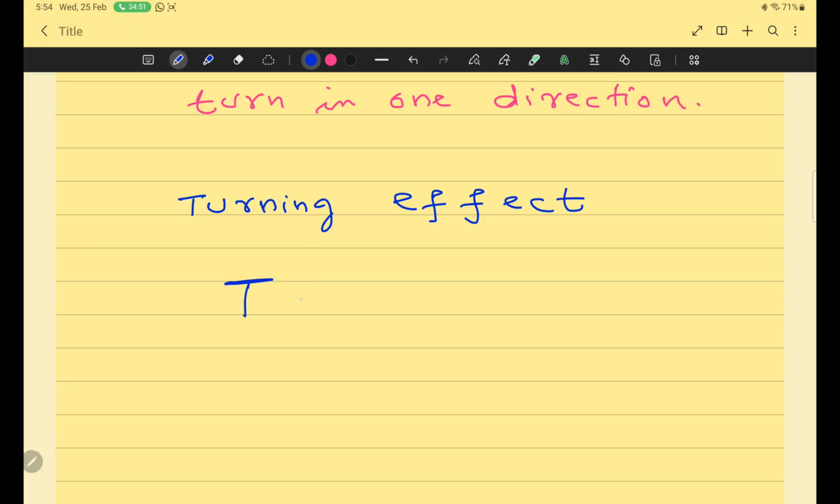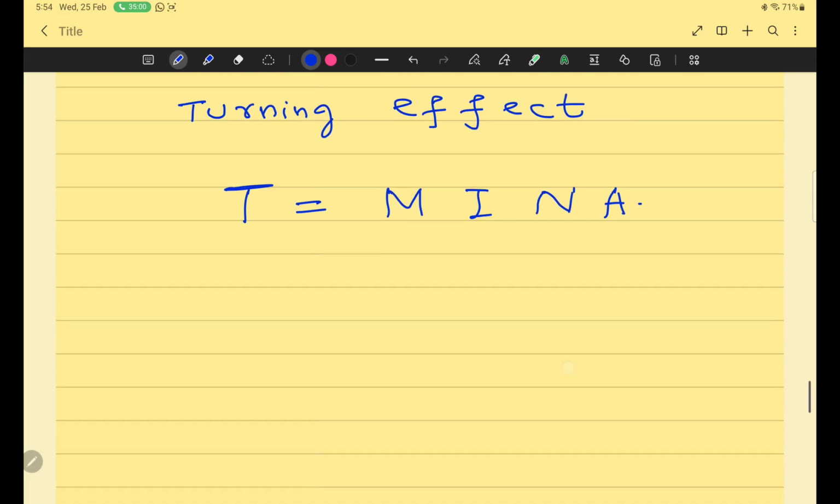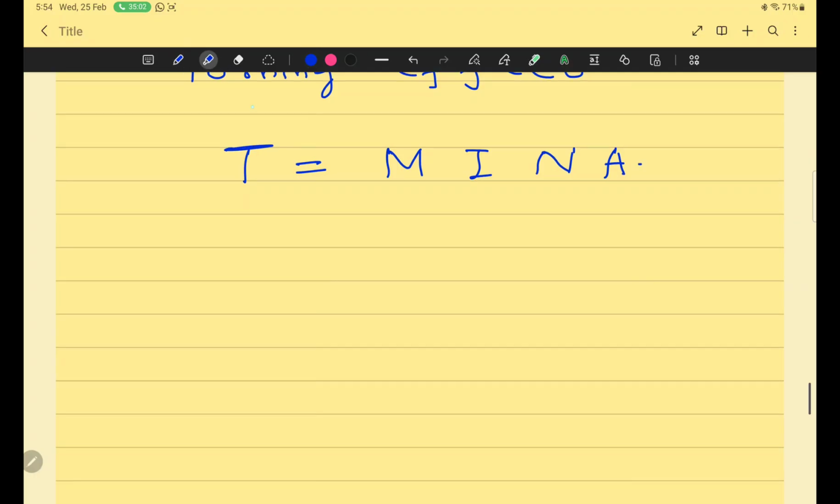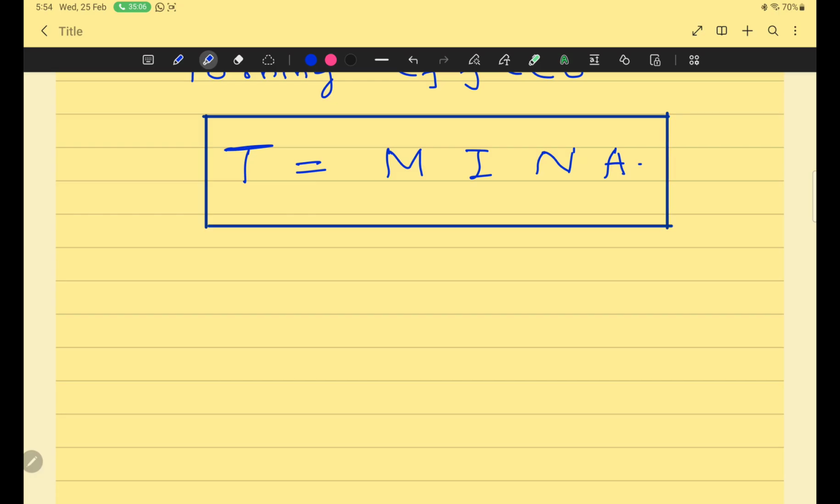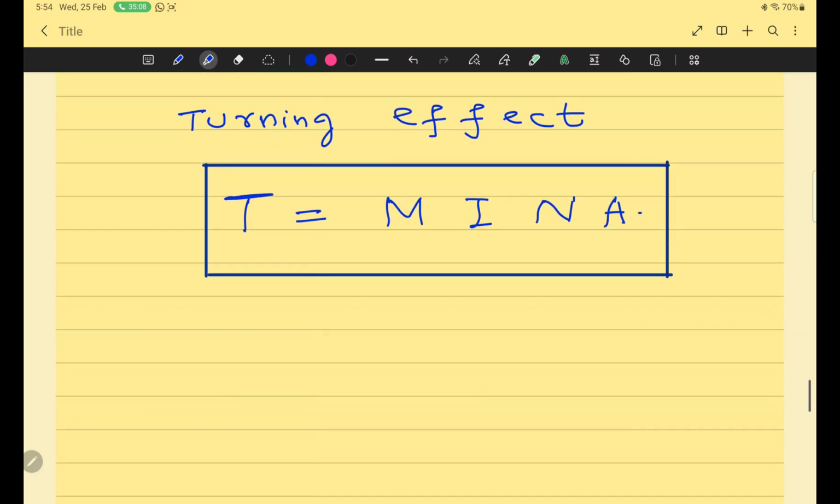The equation of turning effect for a DC motor is MINA. So what is the meaning of MINA? This M stands for the strength of the magnet.